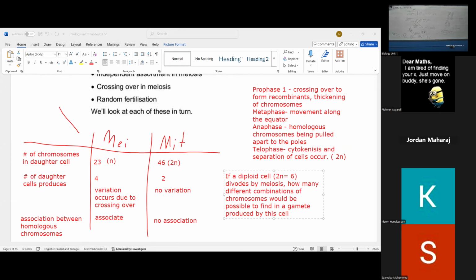Recall a gamete just means your sex cell. So you start off with a parent cell that is diploid, 2n equals 6.